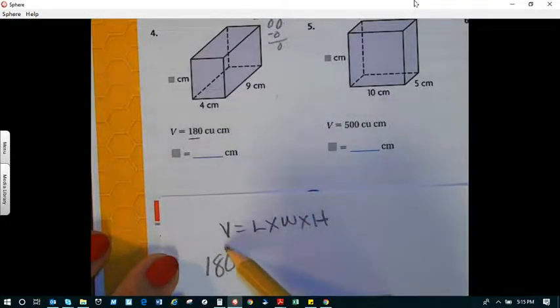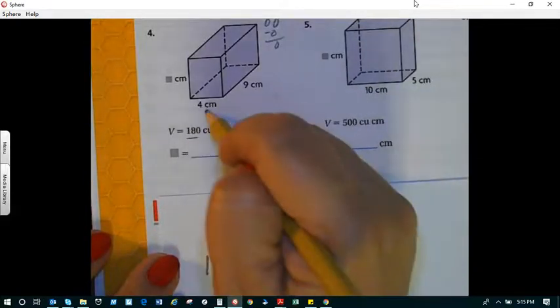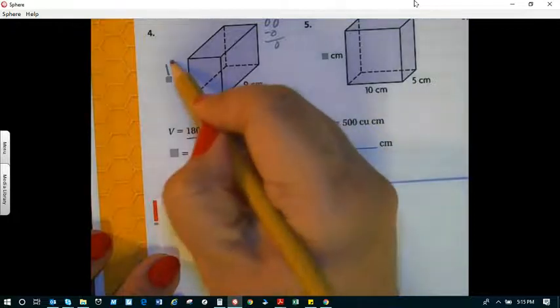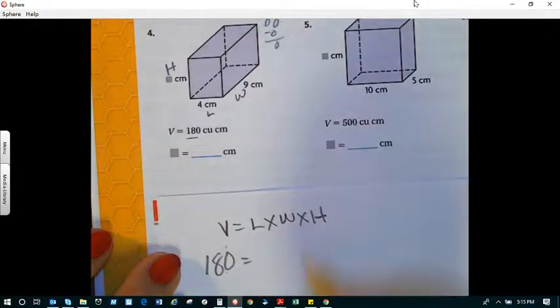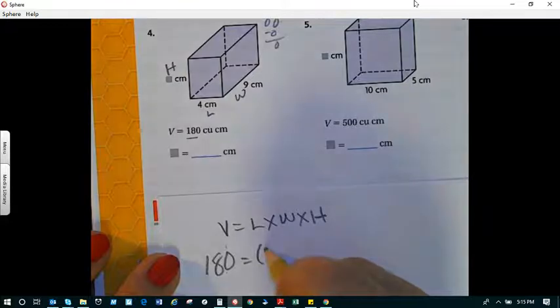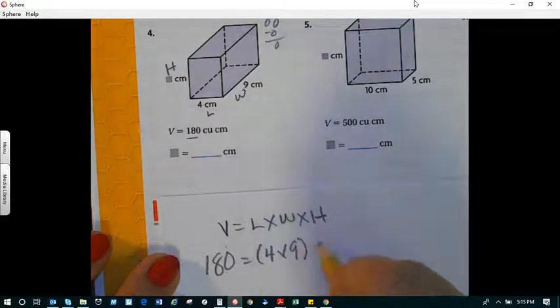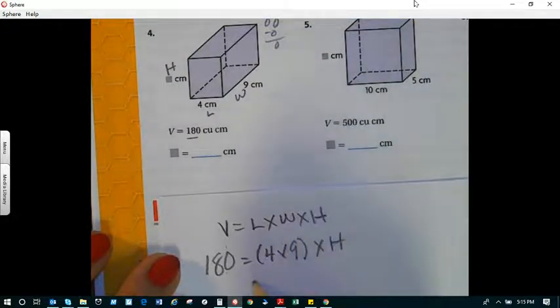I'm going to put my V right here. The length and the width, and I'm looking for the unknown measurement, which is the height. So here I'm going to have 4 times 9 times my height. So this is going to be 36 times my height equals 180.